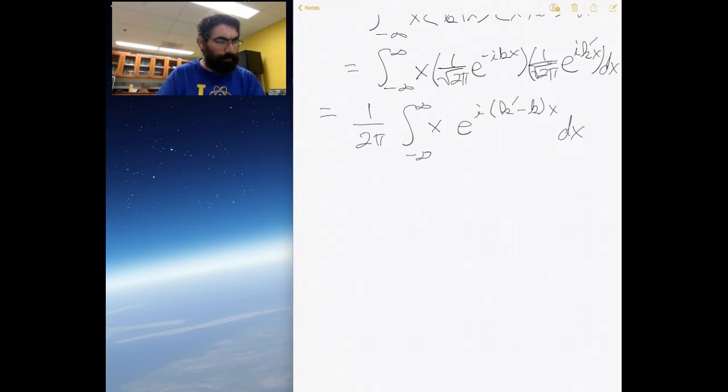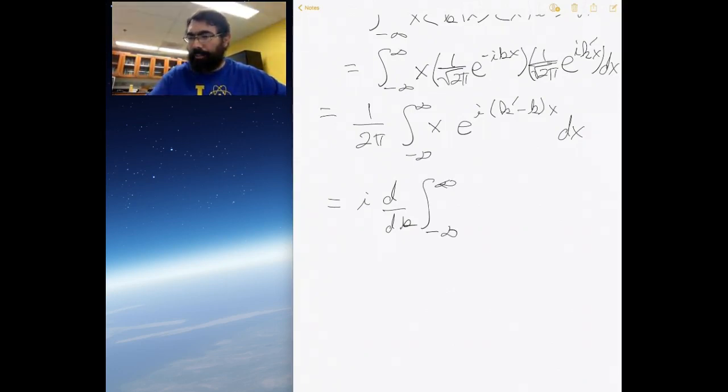Okay. So one way to solve this integral would be to take the derivative with respect to k, and multiply by i.